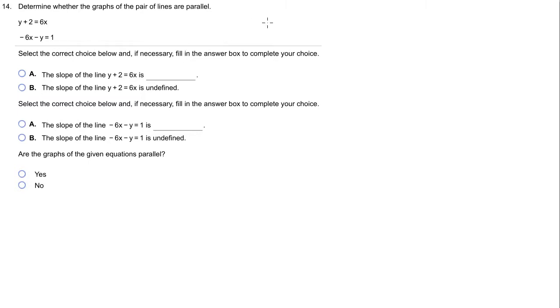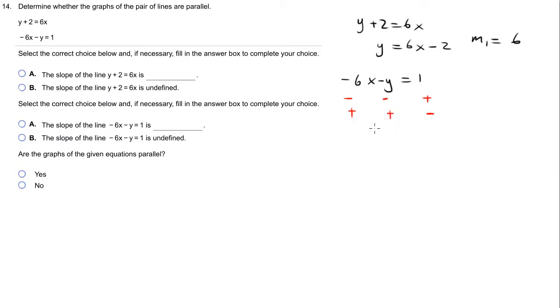Determine whether the lines are parallel. So y plus 2 is equal to 6x. I'm going to write this as y is equal to 6x minus 2, and this slope is 6. I'm going to take negative 6x minus y equals 1. I'm going to do the same thing. I'm going to start off by changing all of the signs, because if I do that, then the sign of y will be positive. So we'll have 6x plus y is equal to 1.